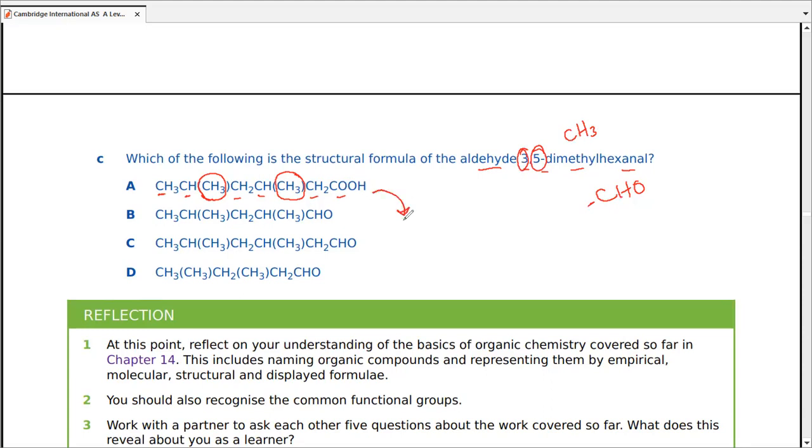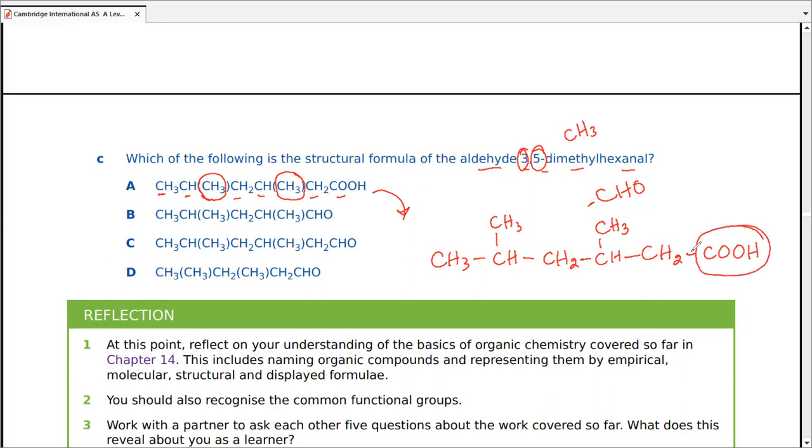Now, if I draw this structure, it would become CH3, CH. Now, this bracket CH3 is basically a branch present on top or bottom of it. It does not really matter whether you draw it on top or at bottom. Again, the second branch means the same, and that's how it goes. Now, take a look at this. This is not aldehyde. This is carboxylic acid.